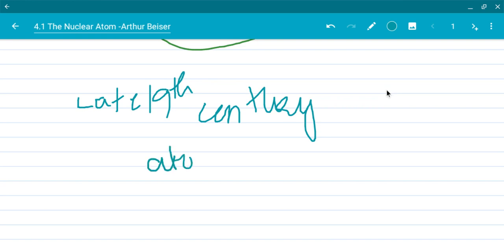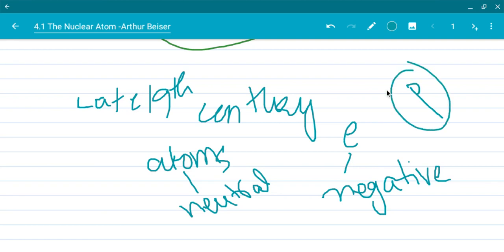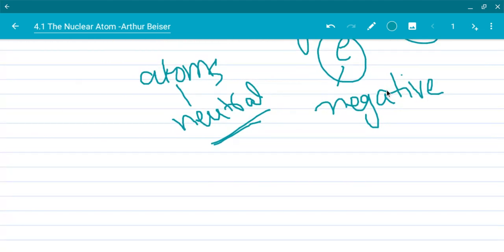Atoms had an overall neutral charge, whereas electrons had a negative charge. So scientists knew that there must be some sort of positive charge in the atom that balances out all this negative charge, which gives the atom its overall neutral charge. But they were not sure how.